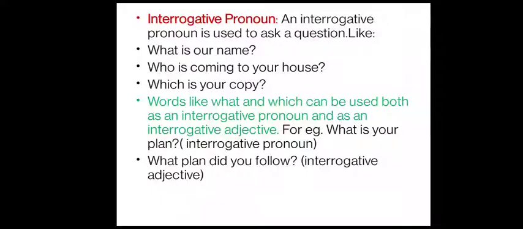As I have already told you, these words can be used as pronoun or adjective pronoun, but we need to keep in mind when to use and they are fulfilling the conditions or not. Okay, what is used for your plans, then what plan did you follow is the example of interrogative pronoun.